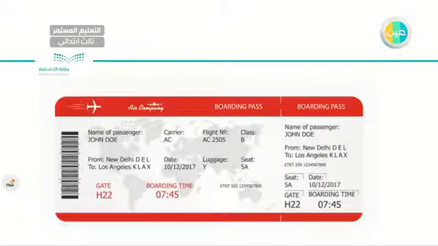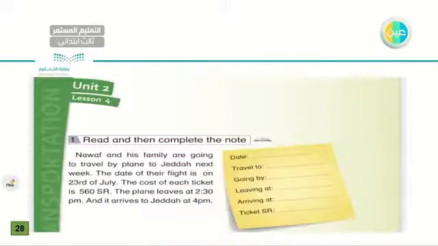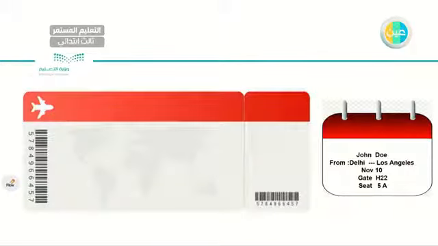So I have the name, the flight, the seat, and the boarding time. All these are very important information. How do I get this information? Only by taking these notes, the notes to your right. So what are we going to do?